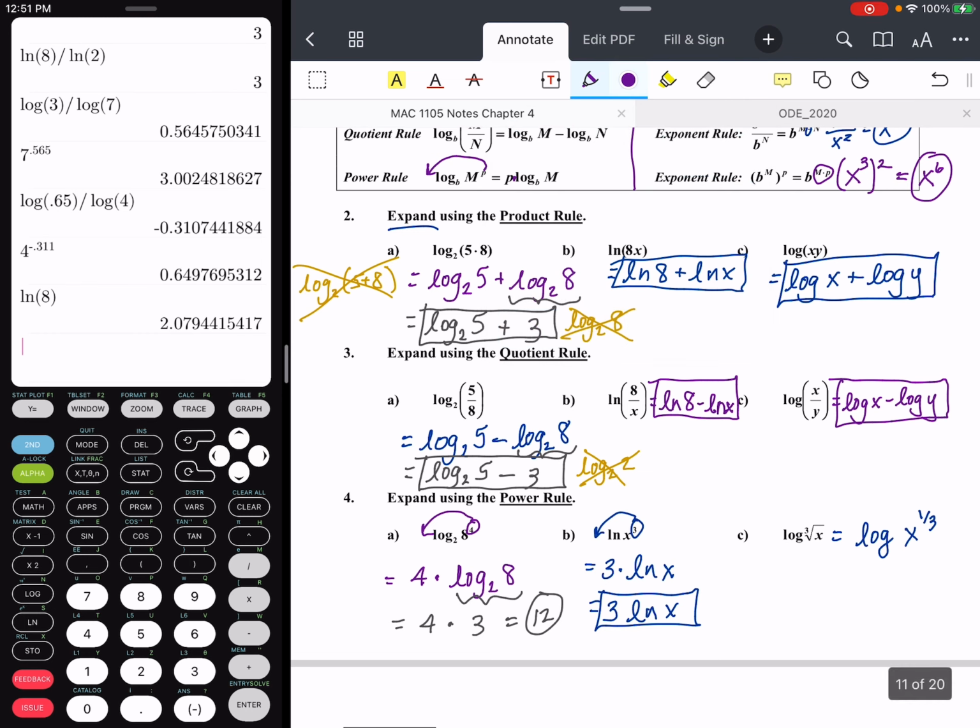And using our power rule, I can take that power and move it forward. So this is equal to 1/3 times the common log of x, or we can just write 1/3 log of x. Either way is correct. We know that the 1/3 is multiplied by the log of x.